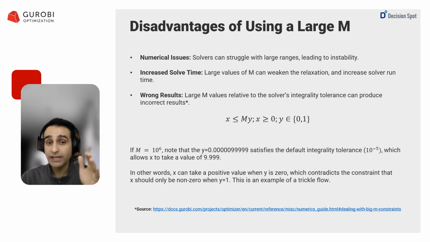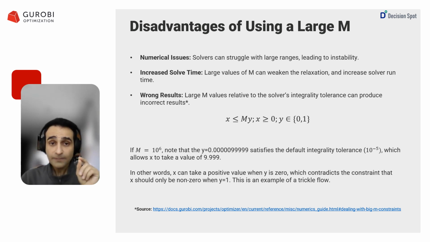Solvers are built to handle large-scale optimization problems, but they struggle when extremely large values relative to the other model coefficients are introduced. For example, if the largest of all the other constraints in the model is not even 100, but you use a Big M value of 10 to the power of 15, the solver will struggle to maintain precision across such a wide range, leading to rounding errors and inaccuracies.